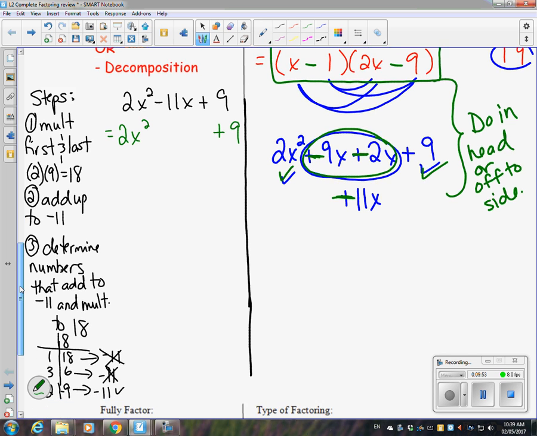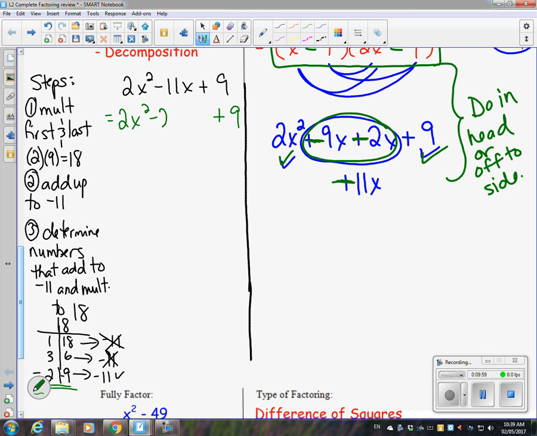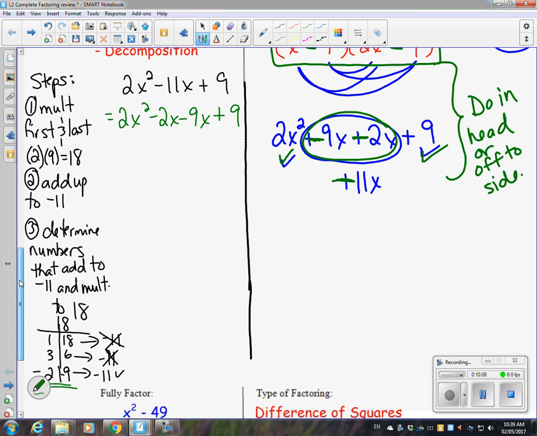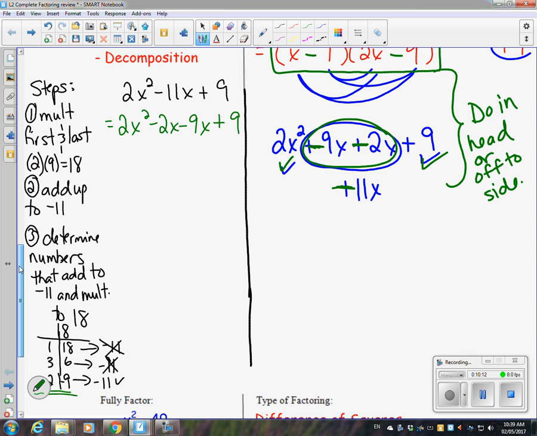But the middle gets decomposed or broken up into these two numbers I just figured out. So I would have minus 2x minus 9x. And it doesn't matter which one you put first. It'll work both ways. So after we get those numbers, we rewrite our equation, our function, and decompose the middle.